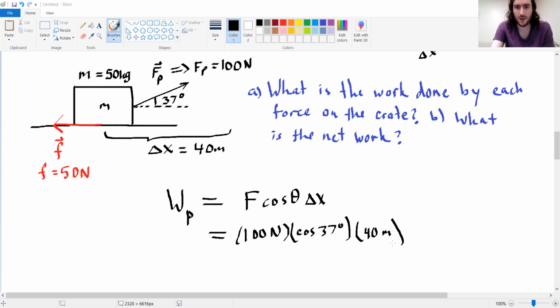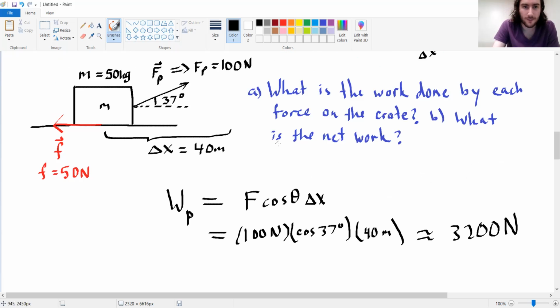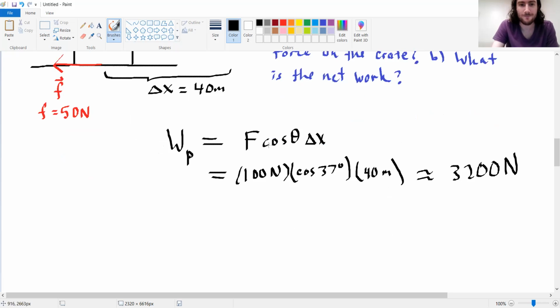And then when you crunch the numbers on that, I believe those of you who put your answers there have it correct. 3,100 or 3,200, I guess, if you want to have the right sig figs. So whatever you got there, you can maybe round it to 3,200, which is the answer that they give in the book. But maybe it's a little bit ambiguous because you have zeros on the ends of all these numbers, right? So it's a little bit ambiguous. So I don't blame you guys.